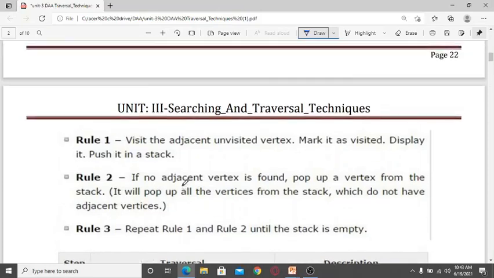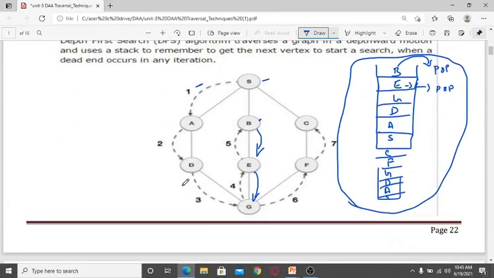What we have done here is, whenever we reach from S to A, this is an adjacent vertex. You can go from anywhere, but I am going from here. So when I go from S to A, it shows this one is unvisited. This was not visited the first time.